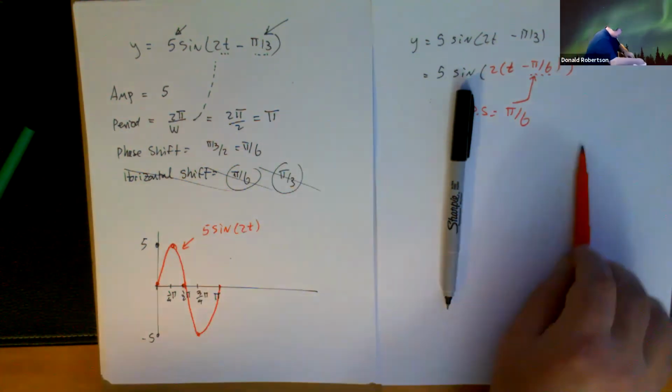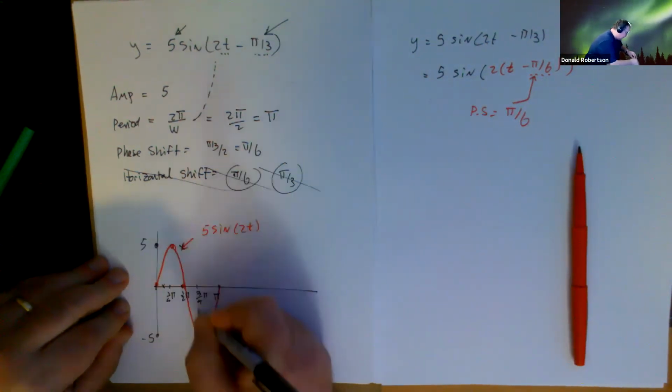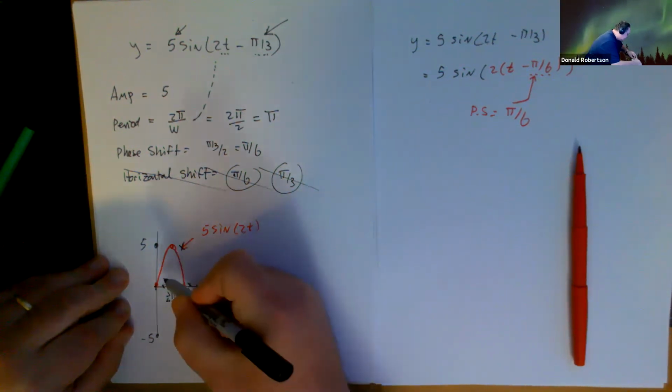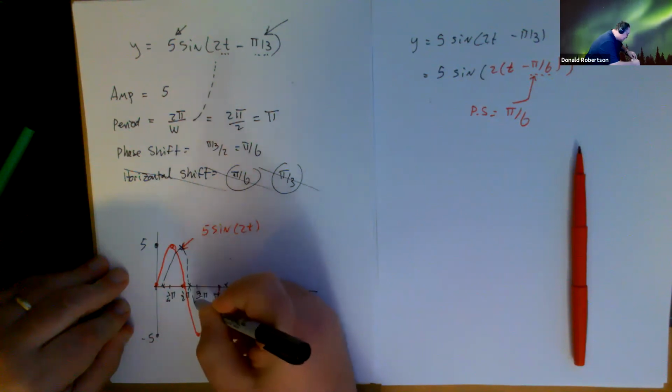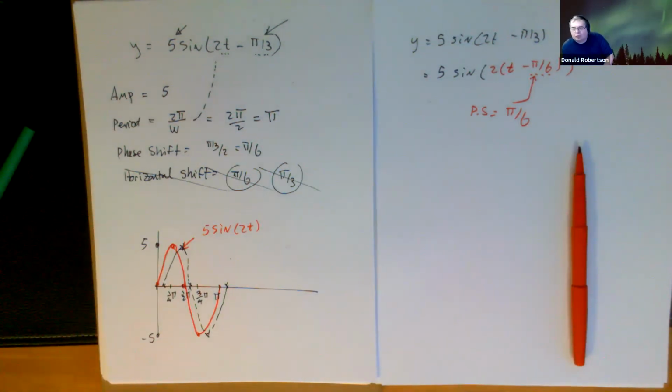So if you take this guy and you move, I'm not saying accurate here, but can you imagine that everything just kind of shifted to the right by roughly what pi upon 6 would look like? You're looking for the picture that goes up to 5 and down to -5 and looks something like that dotted shape that I've got.